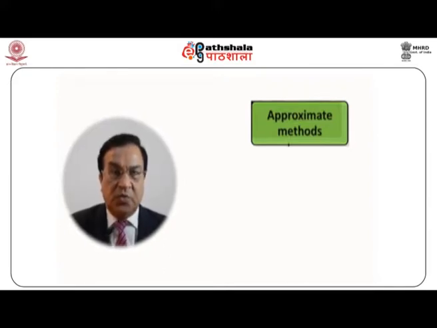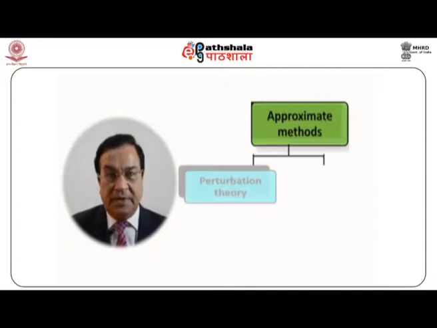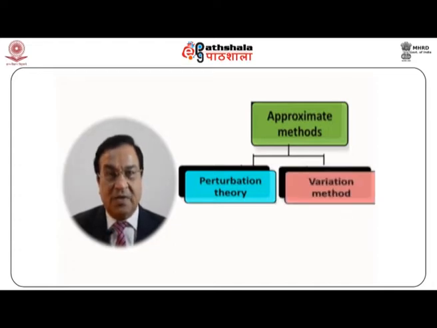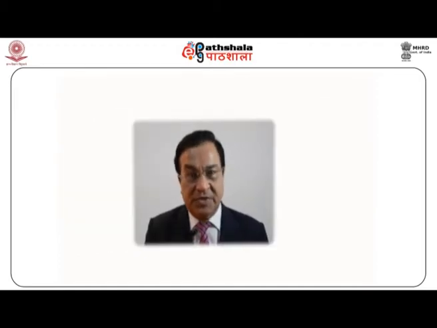Now, there are two widely used approximate methods in quantum mechanics. One method is the perturbation theory. This is the method which we will be studying in this module. And the other method is called the variation method, which we will study in subsequent modules.